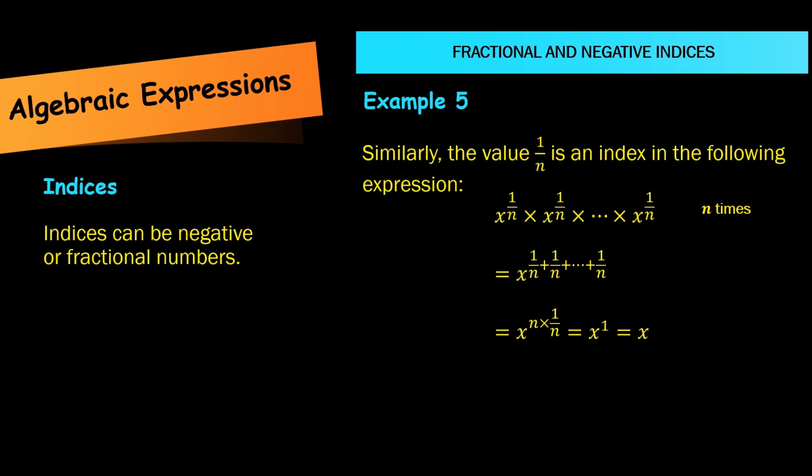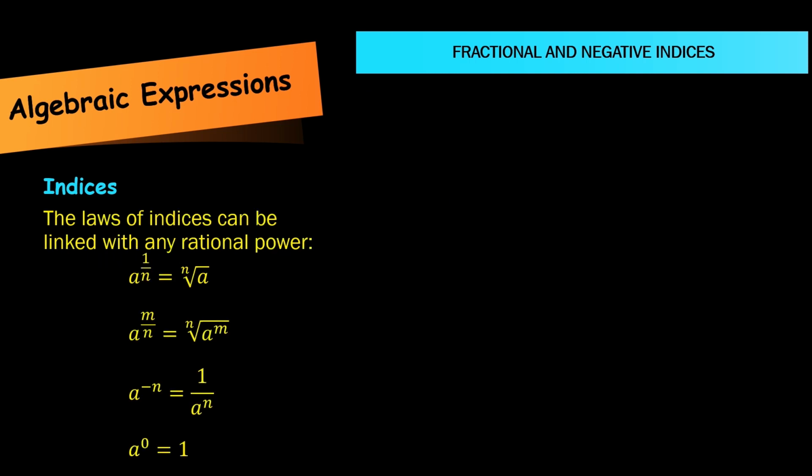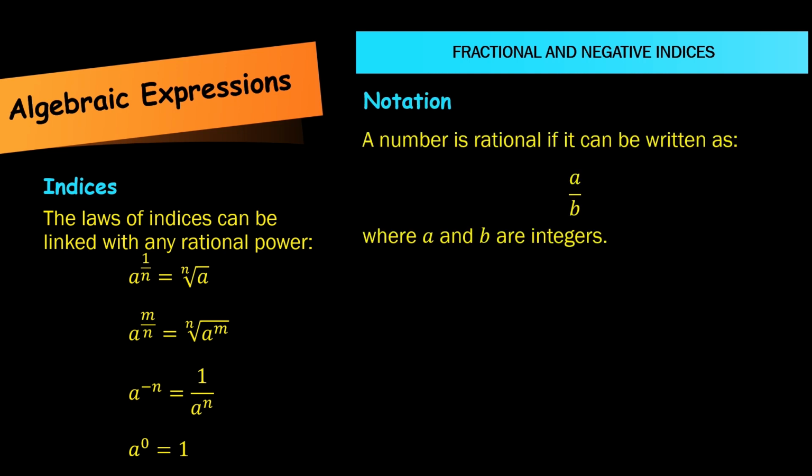The laws of indices can be linked with any rational power. The key laws have been highlighted on your screen. Let's take a look at some notation. A number is rational if it can be written as a/b, where a and b are integers. Remember that integers are whole numbers. They could be positive or negative.